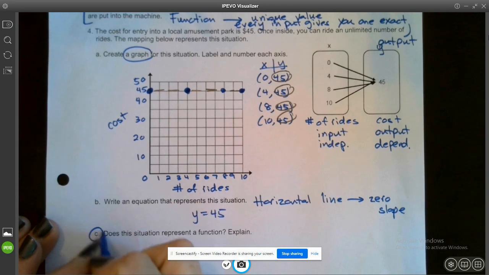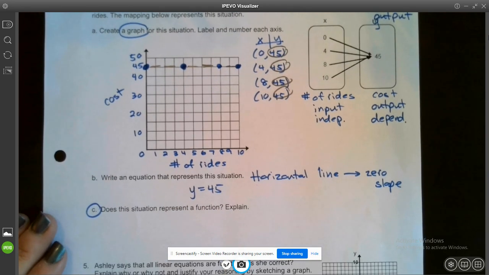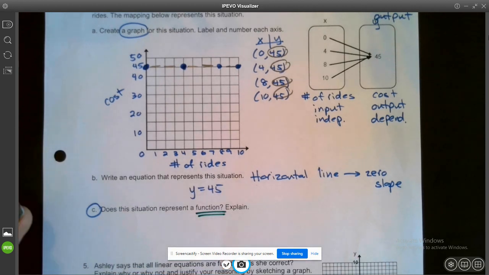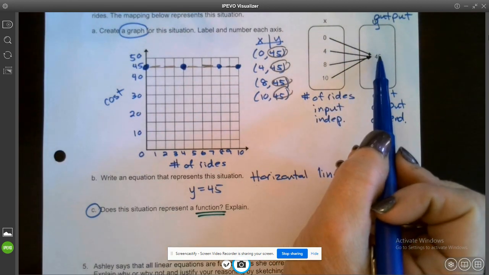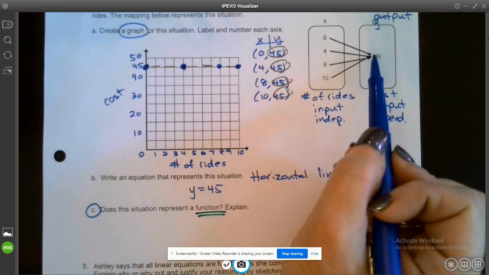The question is this idea of function. And as we look at this, yes, I said the F word again, function. Is it a function? As we look at this, we notice that if you go on 0 rides, it still costs you $45. If you go on 4 rides, it still costs you $45.